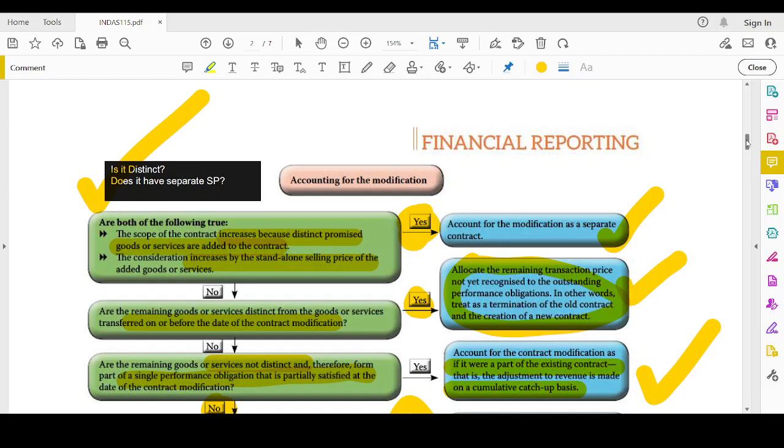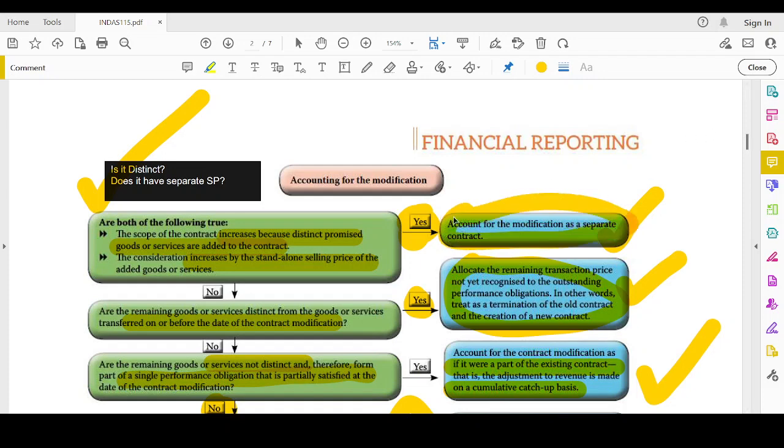For example, I have to deliver an extra 100 units, and the price increases at the standalone selling price as well. I didn't make any compromise. Both the performance obligation and the price increase, so it has to be accounted for as a separate contract.